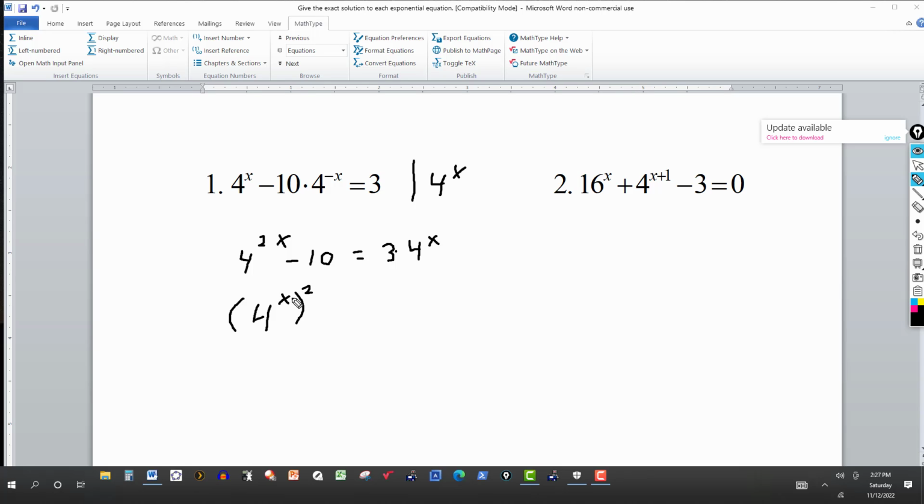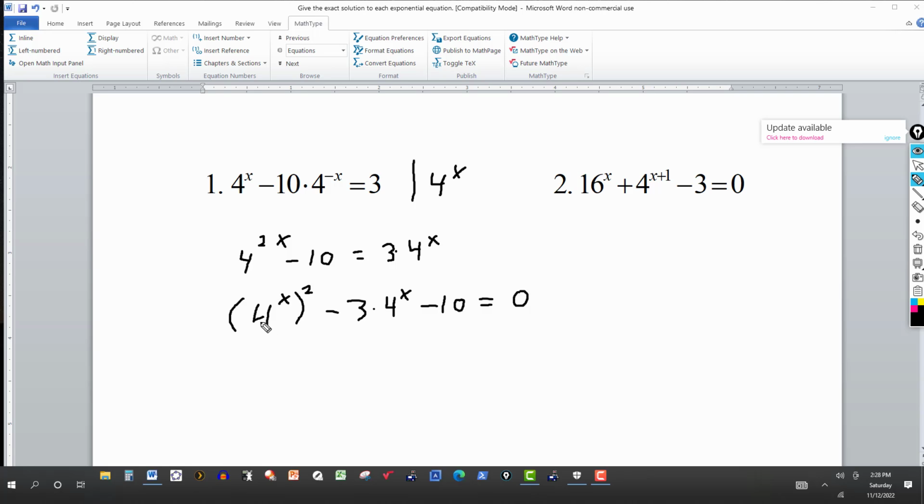Because when you have a power to a power, you multiply the exponents, and 2 times x does give me 4 to the 2x. Then bring this over, changes the sign to minus 3 times 4 to the x. And then I have a minus 10. So then the right side is going to be 0, because I added the negative 3 times 4 to the x to both sides to cancel it.